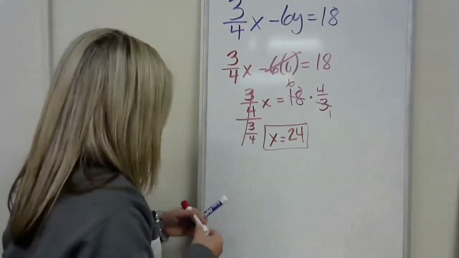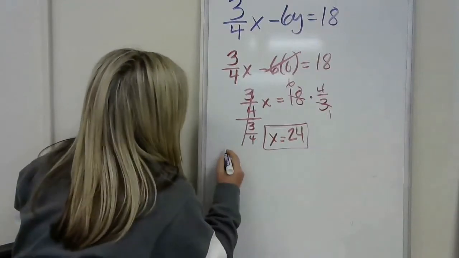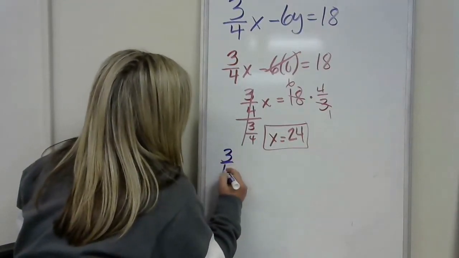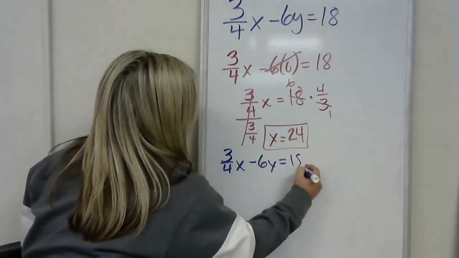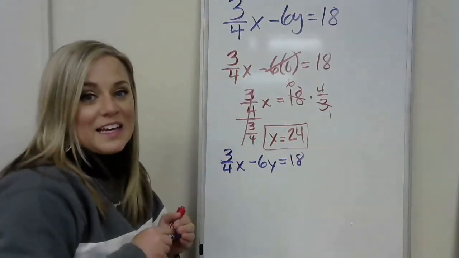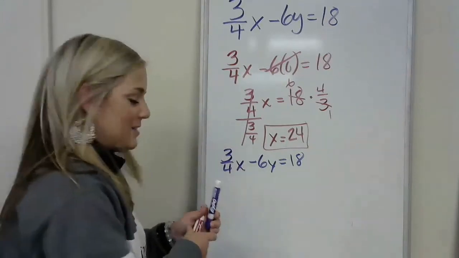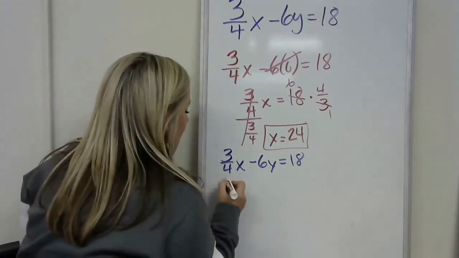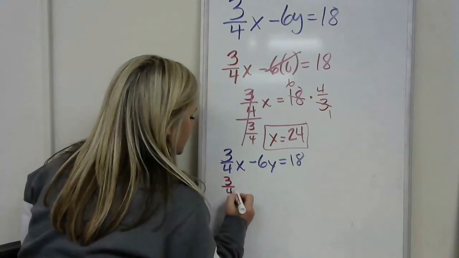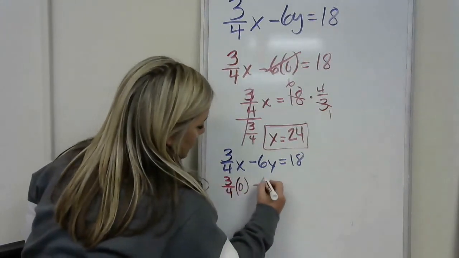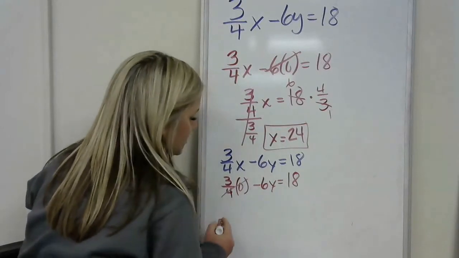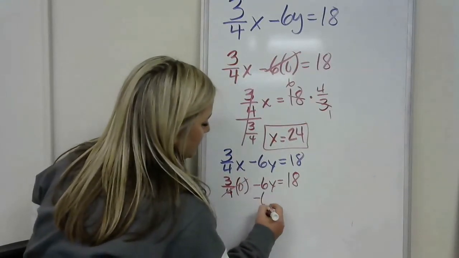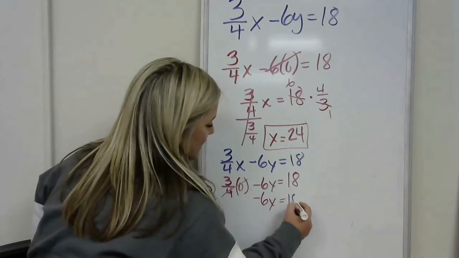All right, so next we're going to do the y-intercept. 3/4 x minus 6y equals 18. Now I'm going to plug in a 0 for x. 3/4 times 0 minus 6y equals 18. That cancels out, so now I'm left with negative 6y equals 18.